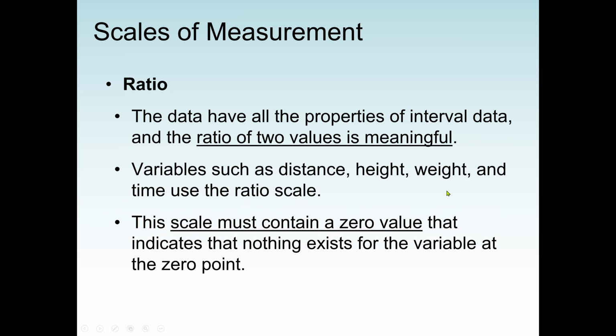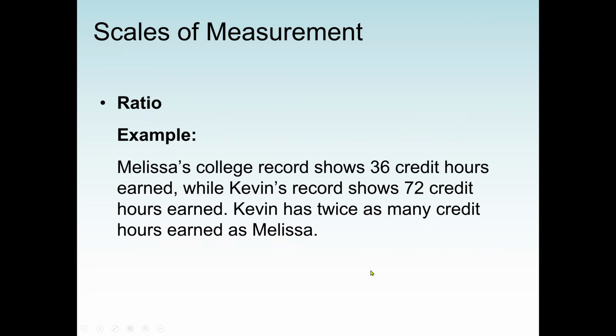But when we say temperature is 0, it means it's very cold. So that's not ratio, but rather interval. So for an example of a ratio, Melissa's college record shows 36 credit hours earned, while Kevin's record shows 72 credit hours earned. So Kevin again has twice as many credit hours earned as Melissa.